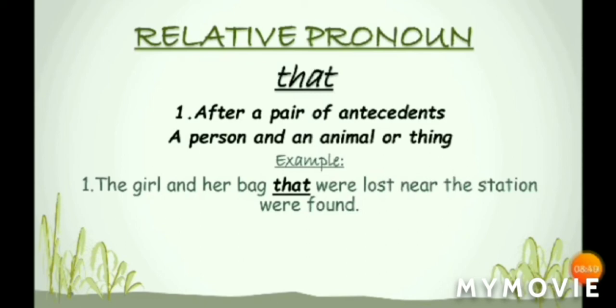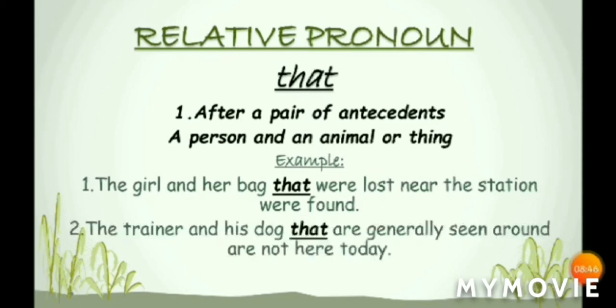But now, if the combination is there, then the perfect choice is that. Sentence number 2. The trainer and his dog that are generally seen around are not here today. Because if we use who, it is okay with the trainer but not with the dog. If we use which, it is fine for the dog but not for the trainer. So in this case, that is the perfect answer.